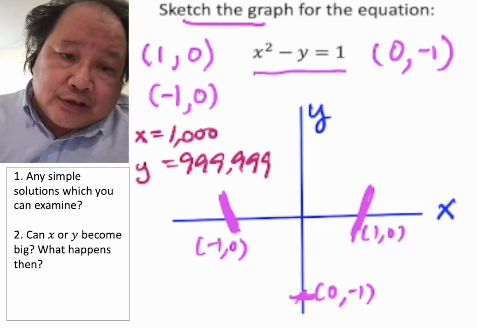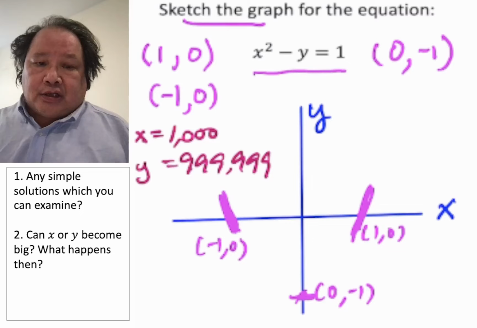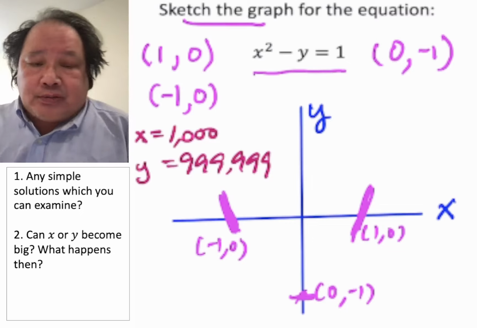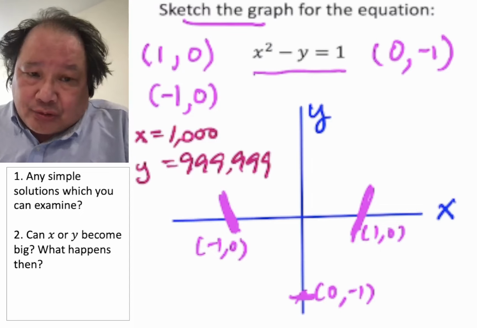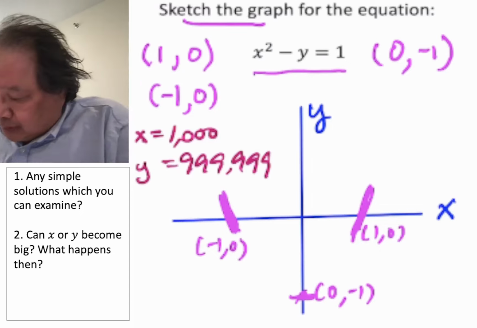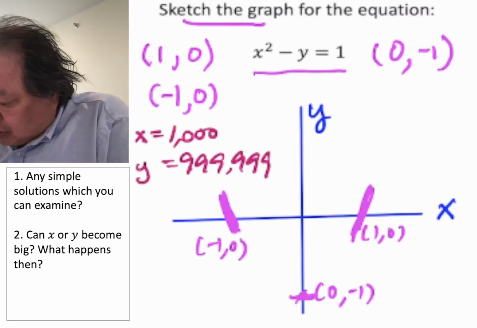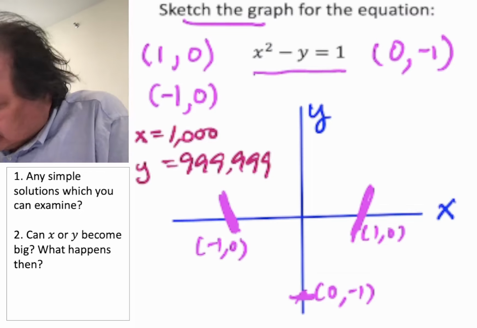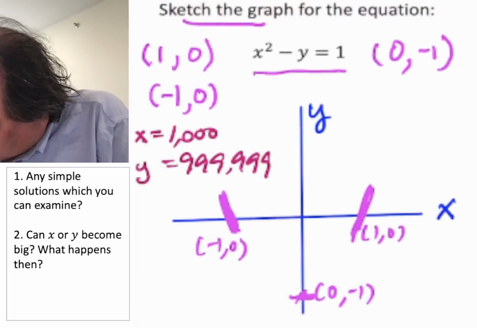So x is 1,000 and y is 999,999. We have a solution, which means that when x gets big, y gets huge. It's 1,000 times bigger. So for a big x, we get an even bigger y, and it's off the chart, but I'll put it up here.